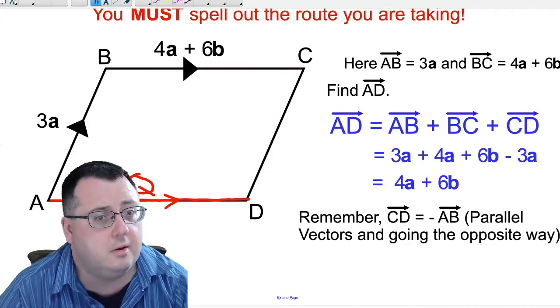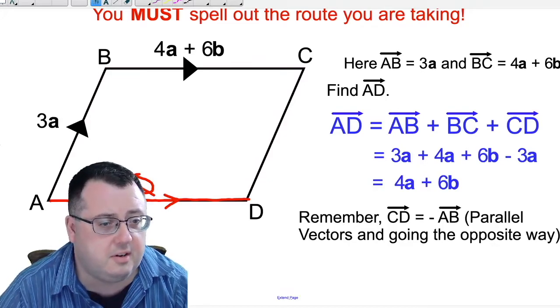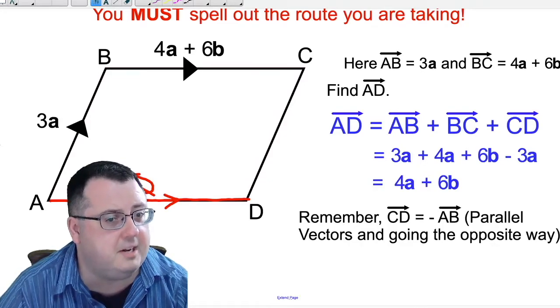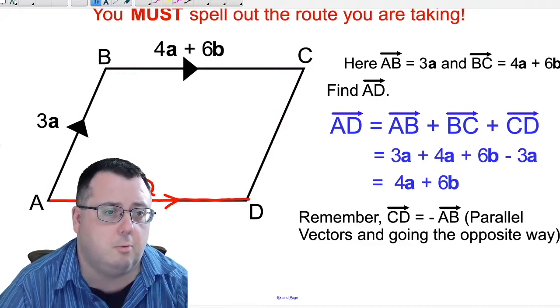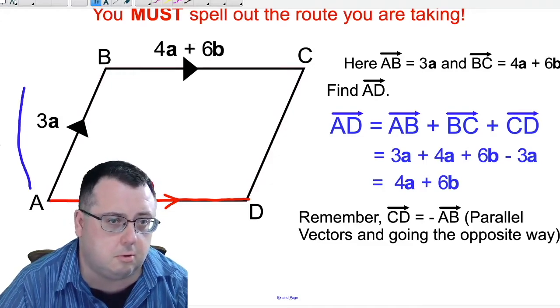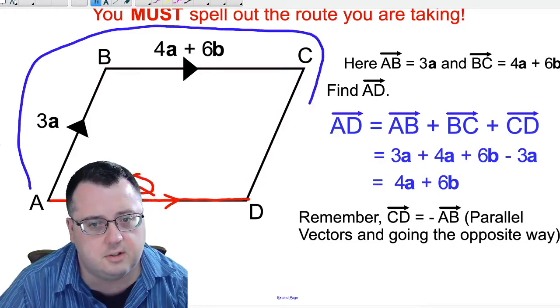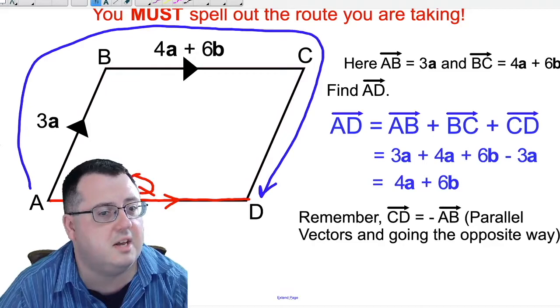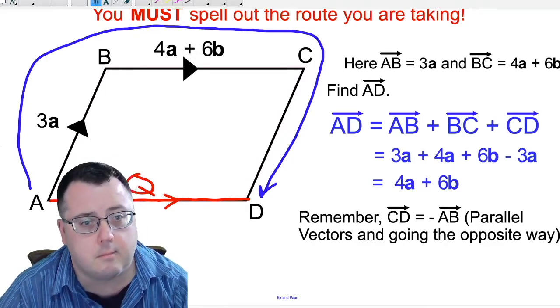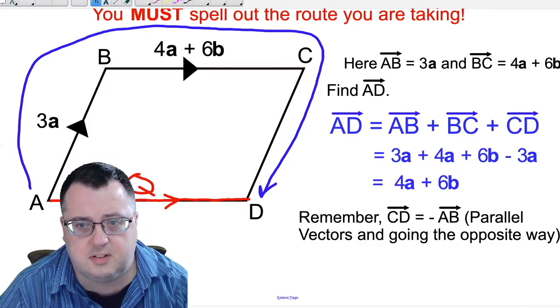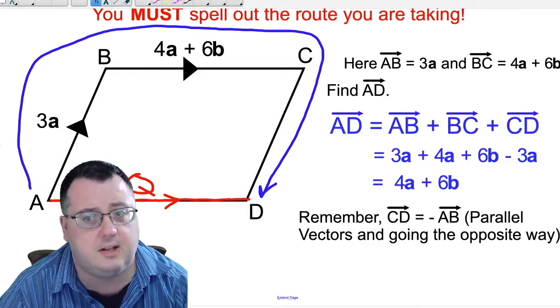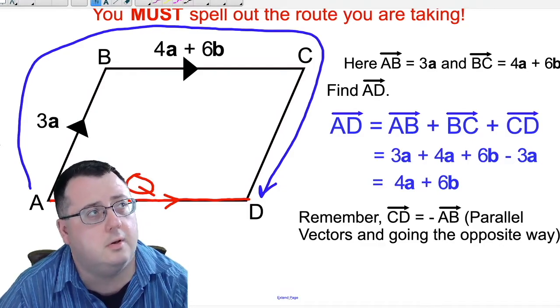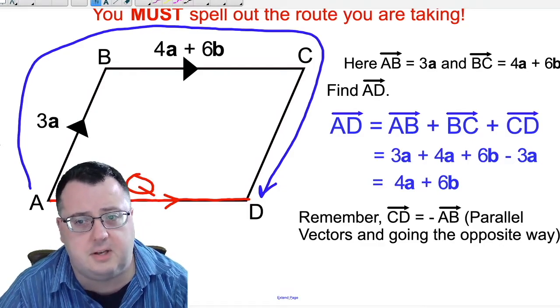However, there is no direct route to go from A to D. We have got to go all the way around to get the same answer. So, as I spell out here, AD is equal to AB plus BC plus CD. So we know what A to B is.